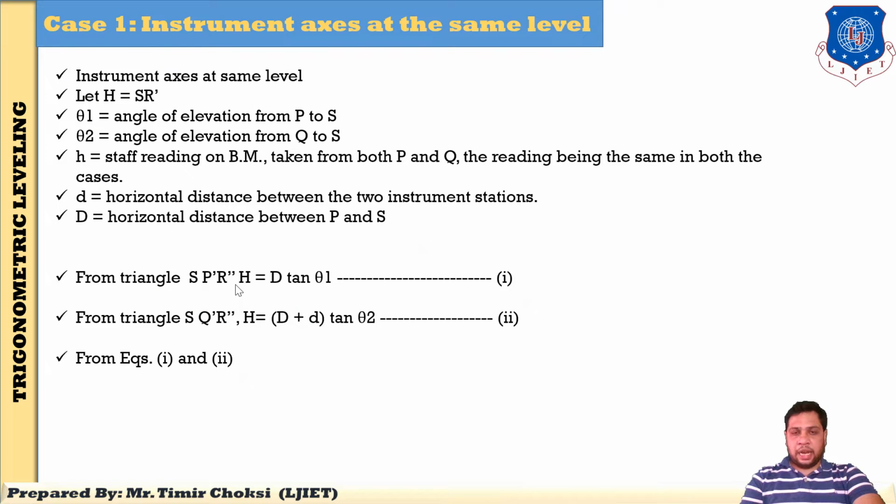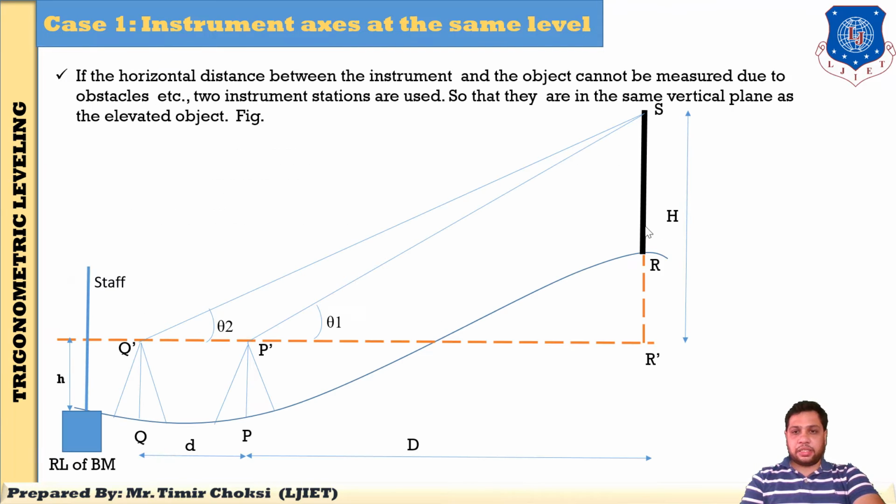Now consider the first triangle S P dash R dash. From it you get H equal to D tan theta 1.